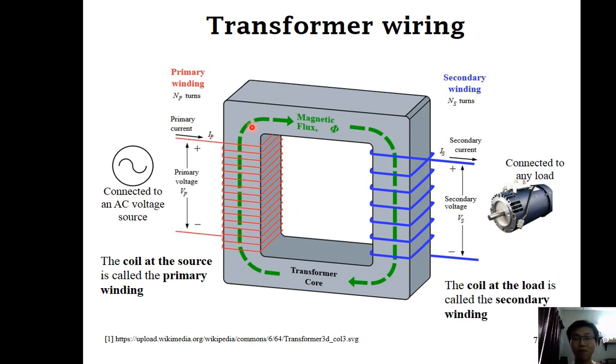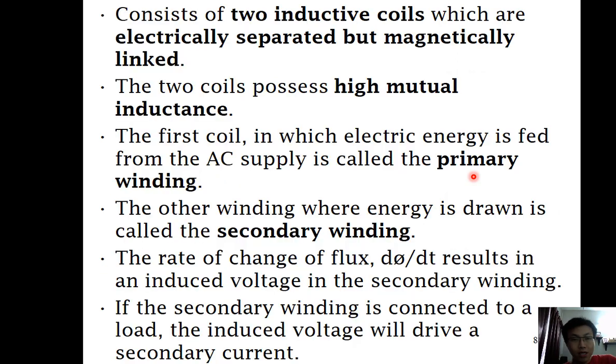Then the flux will transfer from one point in the core to the secondary side, and then go back to the core and the primary winding. This is how they transfer the energy. They convert the electrical energy into magnetic, flowing through a core, then from magnetic to electric. That's why we call it an electromagnetic device.